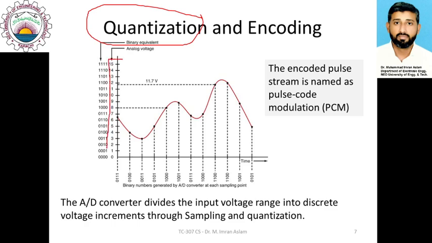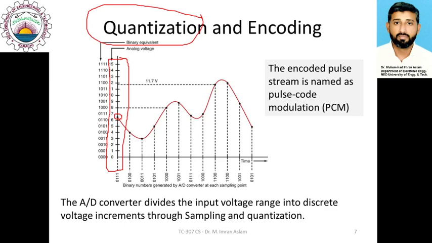So say for example we have defined 16 voltage levels here, starting from number 0 to number 15. So each sampled value will be rounded off to one of the voltage levels.